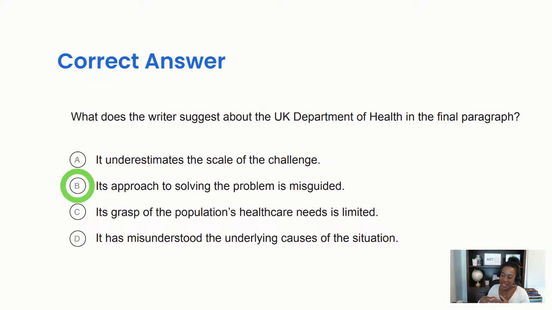Nowhere in the text is it really talking about the enormity, how big it is, and that it's been underestimated, but just that their approach to solving the problem has not been the best one. Okay, so hopefully that helps clear up any doubts on that one.